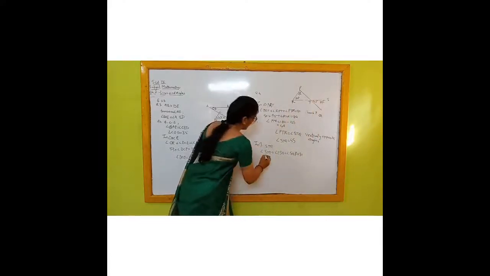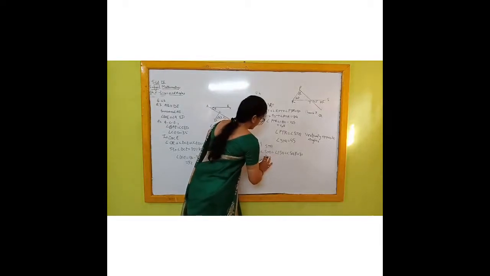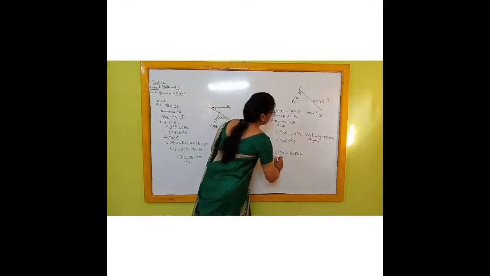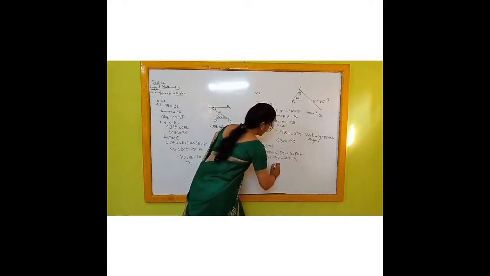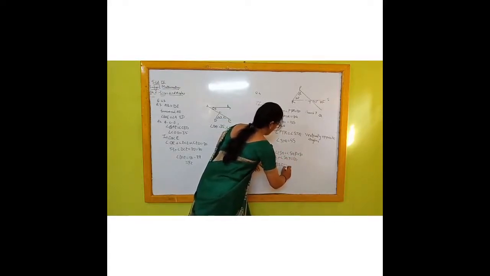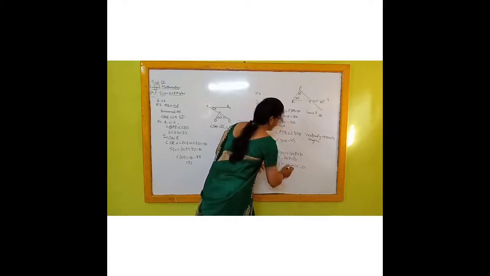Angle STQ is 45, angle PSQ is 75, plus angle SQT is equal to 180. Therefore angle SQT is 180 minus 120, which is 60.